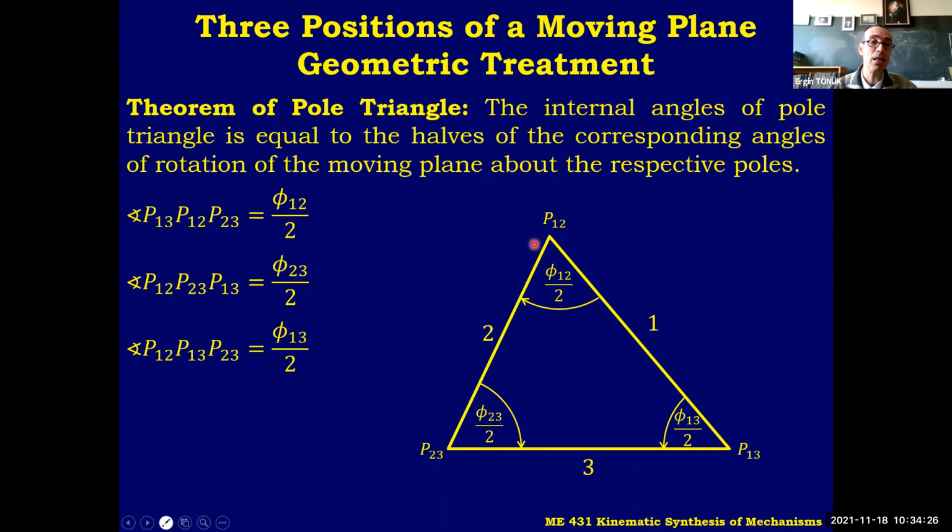So the common index is 2. I will call this side 2. And this is 2,3, this is 1,3. The common index is 3. So I will call this 3. Is this clear? Labeling the pole triangle, I'm labeling the sides with the common corner indices. That's important to do it correctly.